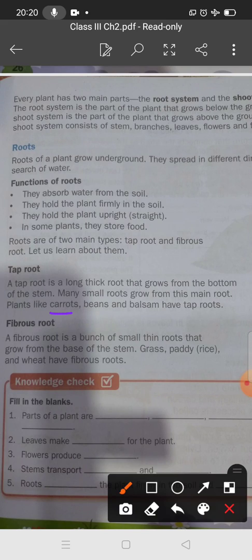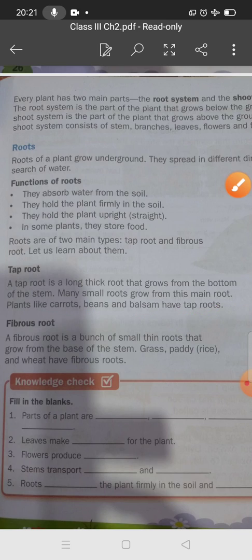Carrot, beans, blossom. You can take the example of the pea and radish also. They have taproot. Understand? Now students, we will discuss the fibrous root.